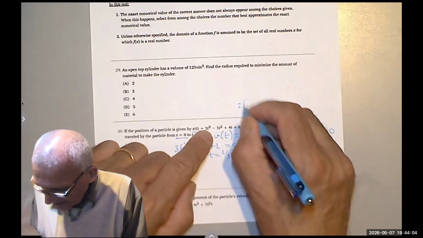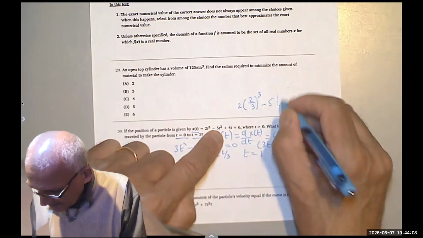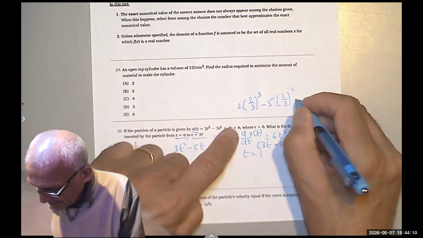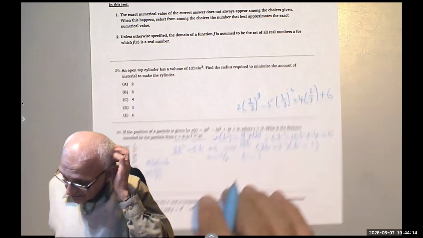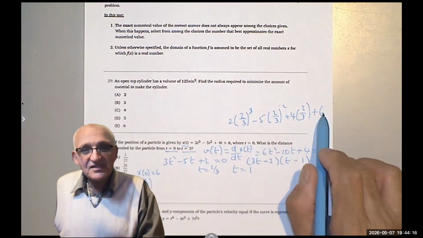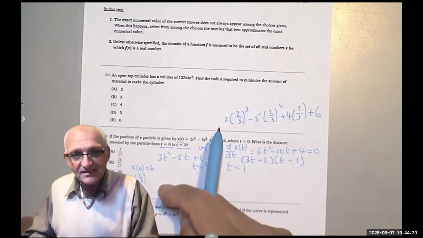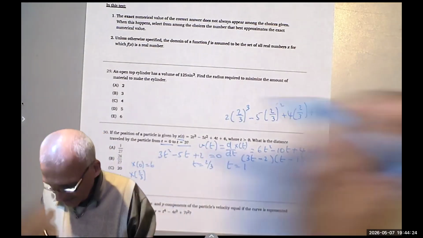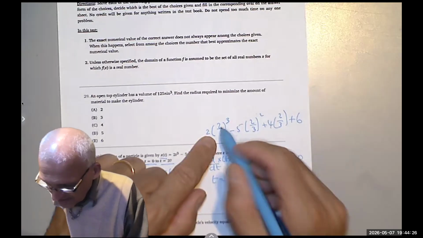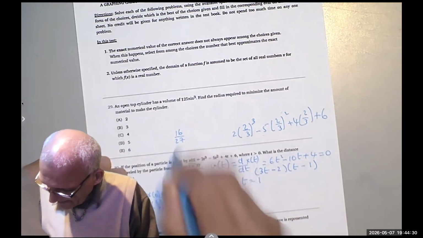It's 2 times (2/3) cubed minus 5 times (2/3) squared plus 4 times 2/3 plus 6. Again, I don't care about the 6, because I will subtract these two to find the distance traveled in one direction.